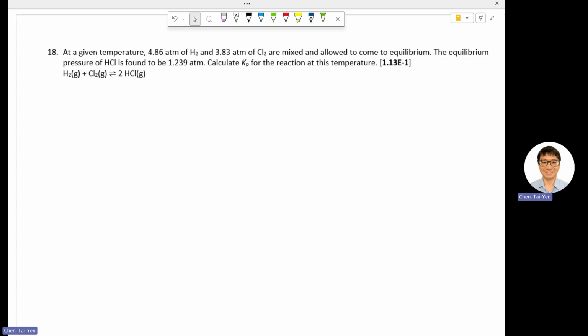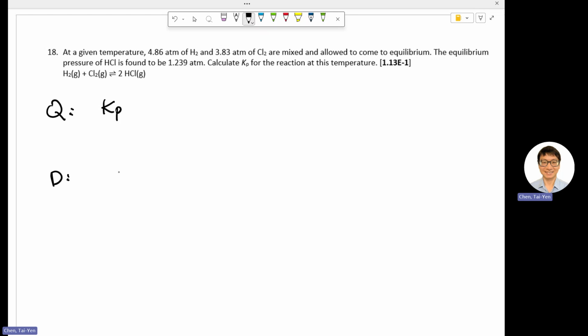Then the thing you really need to do is make sure you put the numbers in the correct rows. Okay, so the thing that you want to calculate is Kp, right? That means you need to figure out all the numbers in the third row, the equilibrium row, so you can calculate the K. Okay, so let's go.